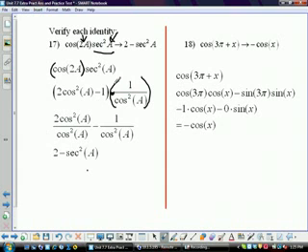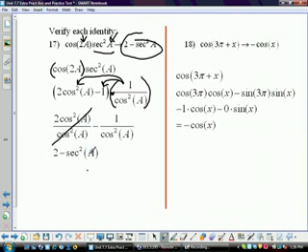So I distributed this 1 over cosine squared of A to both terms. So when I multiply, I end up with 2 cosine squared of A divided by cosine squared of A minus 1 divided by cosine squared of A. These cancel, so I'm left with 2. And 1 divided by cosine squared of A is the same thing as secant squared of A. So, ta-da, I got it.